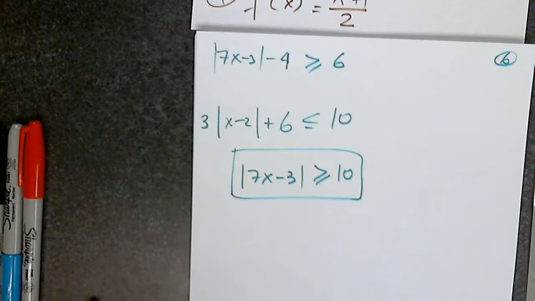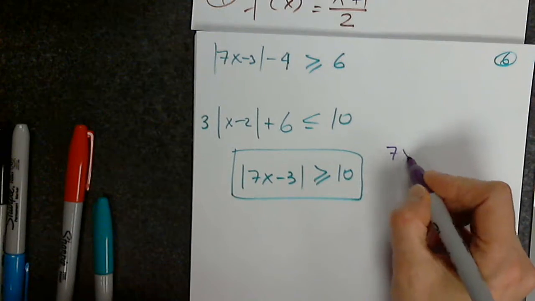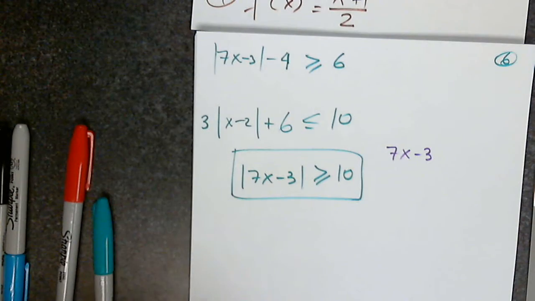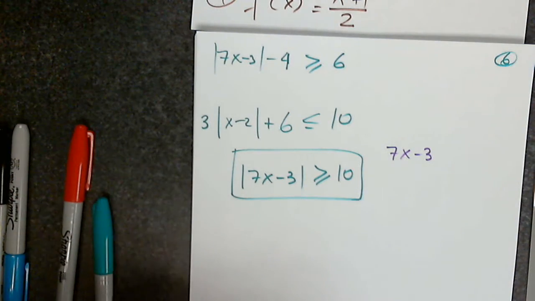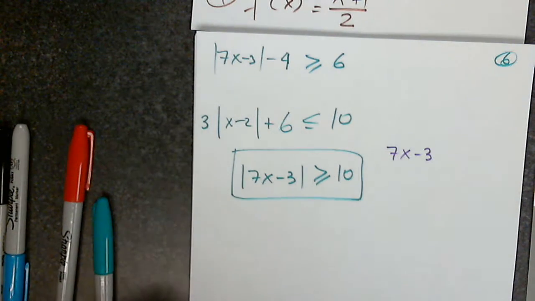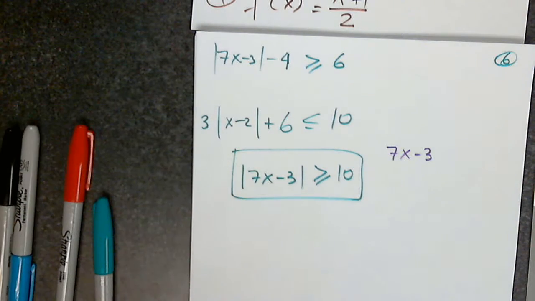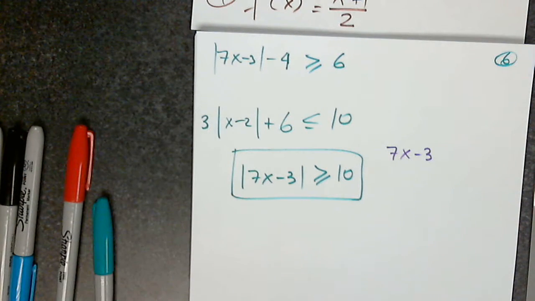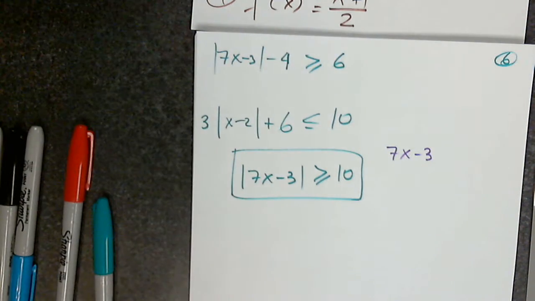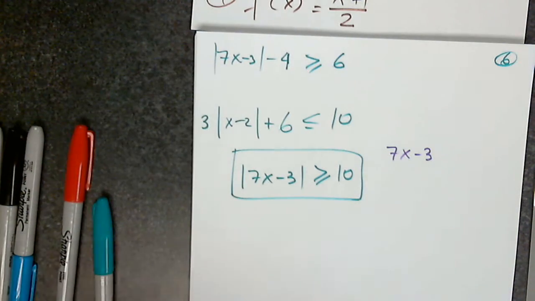Because right now I can't touch it. I cannot change the inequality into an equal symbol. I have to think there are only 2 types of absolute value inequalities. This one or this one. That's all I know. There's nothing else.